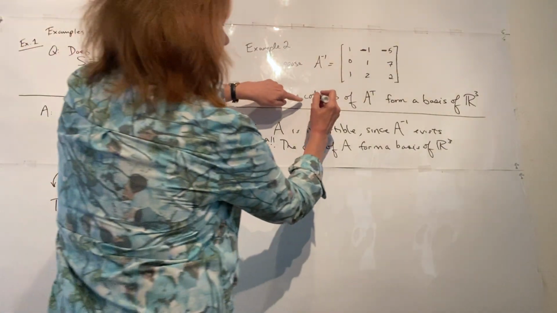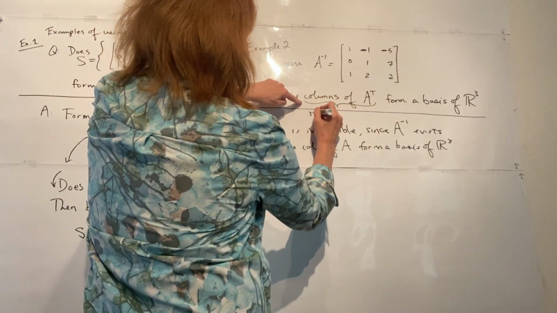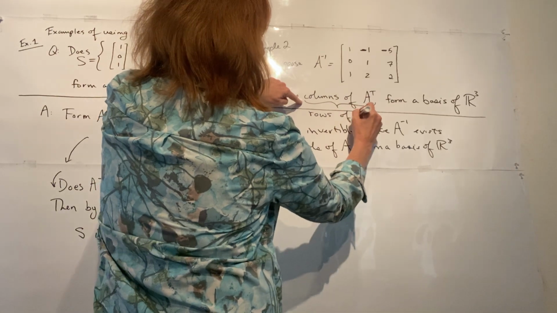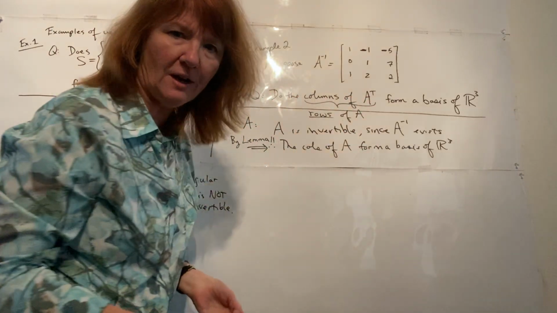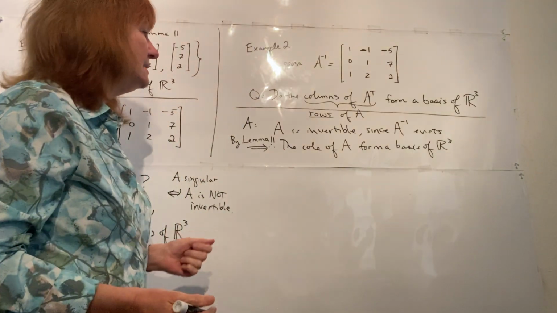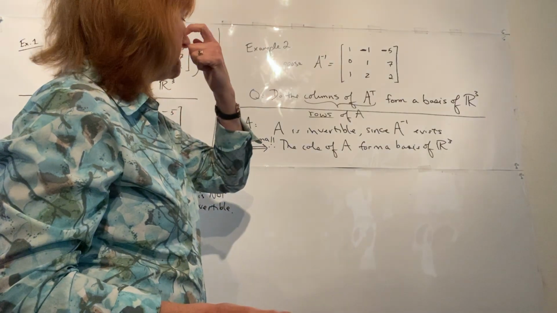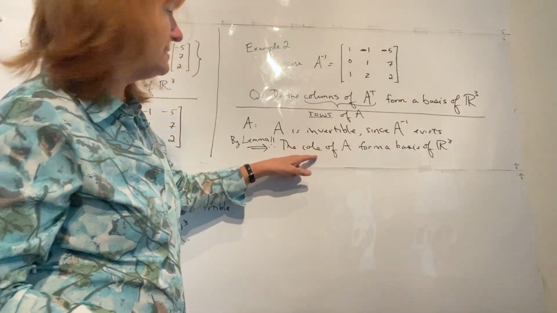Notice that we could have asked that same thing by saying not just the columns of A transpose, the rows of A. We could have put that in. Do the rows of A, we haven't talked about the row vectors a lot, but it's out there. Do the row vectors of A form a basis? Well, all we've got here is that the columns of A form a basis.